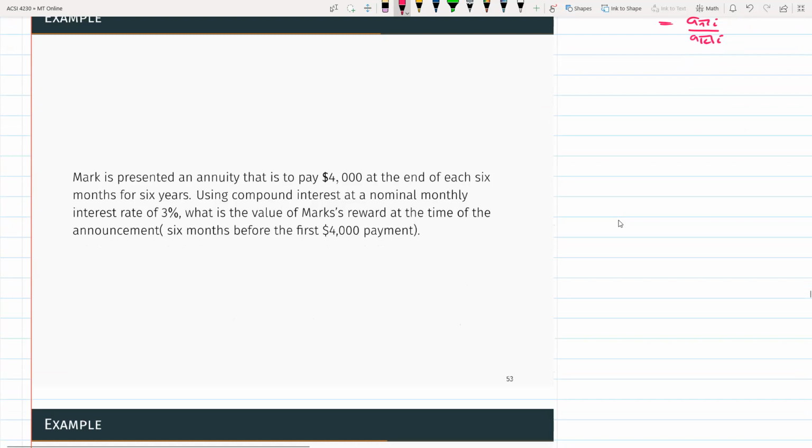Here it says Mark is presented an annuity that is to pay 4,000 at the end of each 6 months for 6 years, using compound interest at a nominal monthly interest rate of 3%. What is the value of Mark's reward at the time of the announcement?